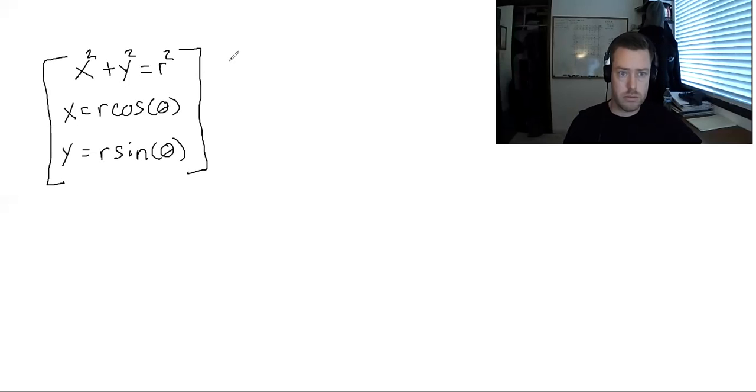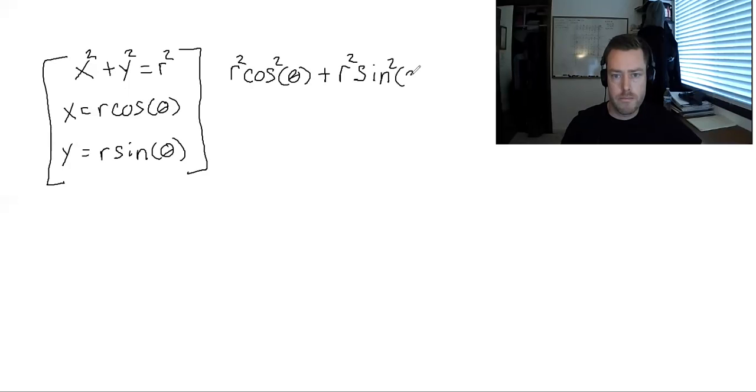So we have x squared. x in this case is r cosine theta, which gives us r squared cosine squared theta, plus y squared, which is r squared sine squared theta, equals r squared.